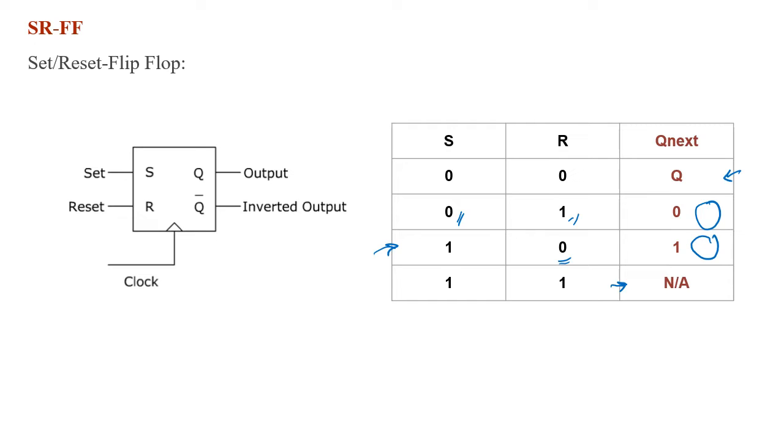Alternatively, you can restate or redraw the characteristic table of an SR flip-flop, so that you can say Q next is equal to Q. That means there's no change at all if S and R are both 0.